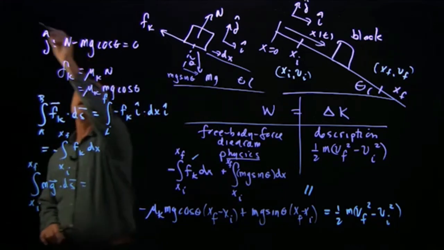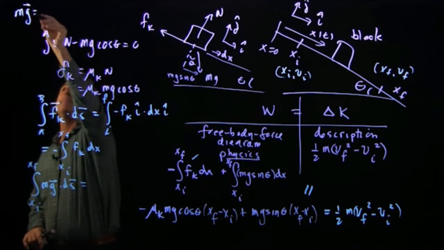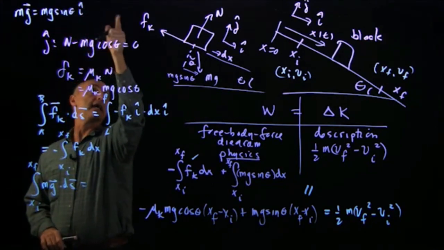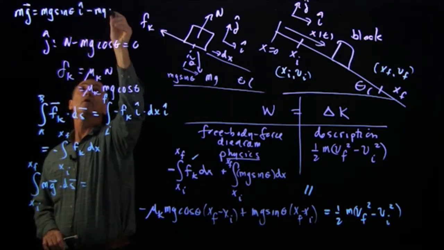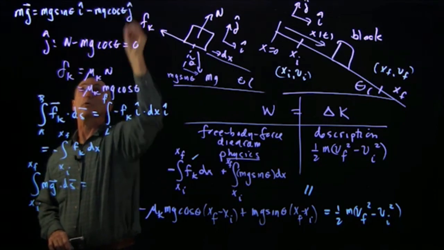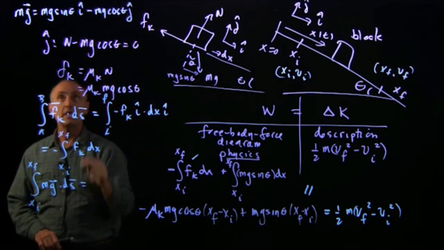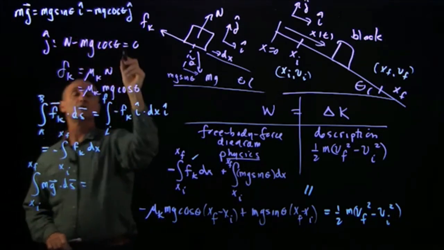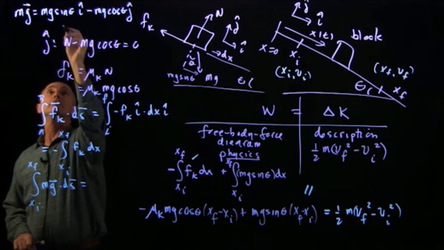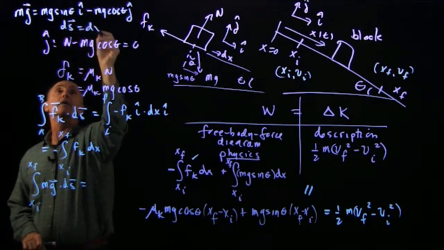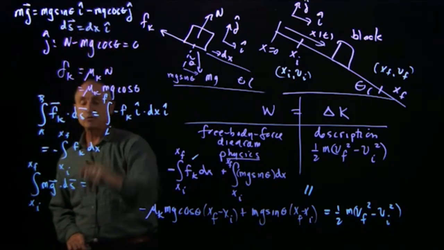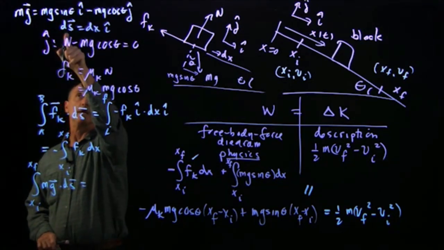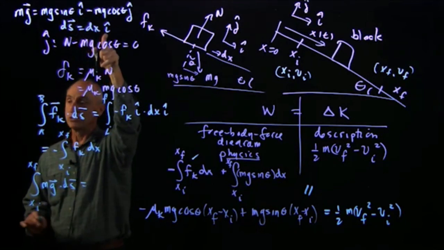If you wrote down the gravitational force, mg, as an i hat component, mg sine theta, and a negative mg cosine theta j hat component, then when we take the dot product, where we write ds as dx i hat, we have i hat dot i hat, which is 1.